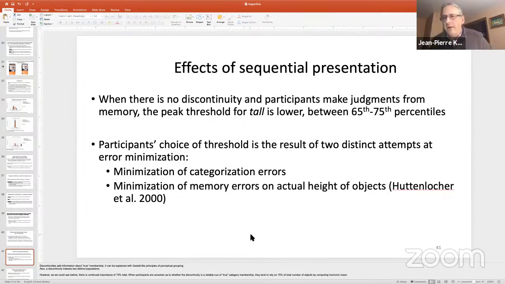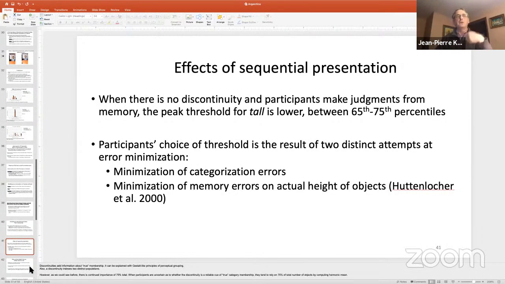She explored that in a Bayesian framework, but you can choose your framework of choice. So there are two error minimizations, one about categorization, and one because you're not sure what the height of the objects you have seen actually was. So you move every decision downward, because the mean is, of course, the central tendency of what you have seen, and therefore you are minimizing your chances of error by moving your decisions toward the central tendency of the distribution you saw.